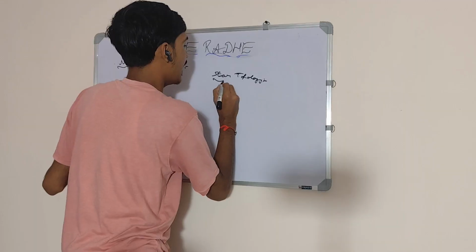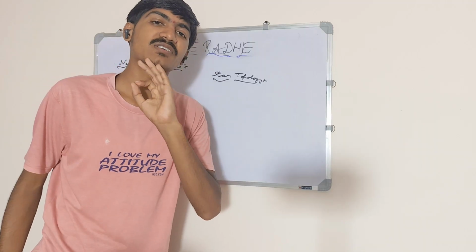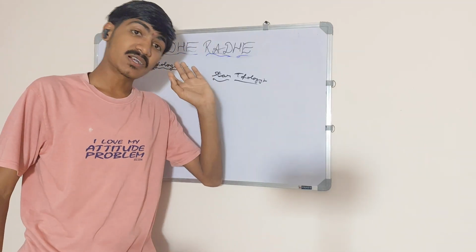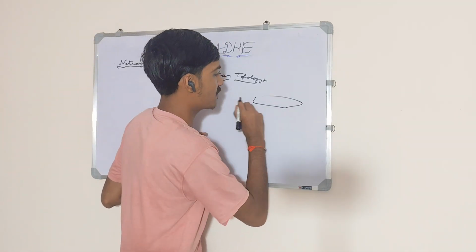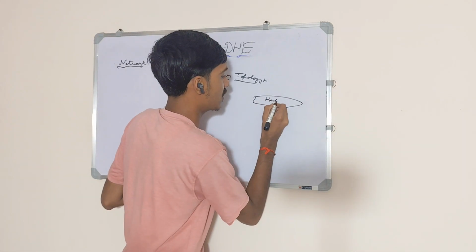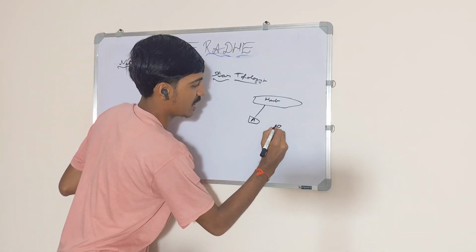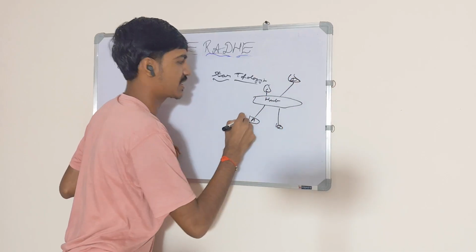That's it. As I said, in ring topology, addition of new devices was difficult. That was overcome by star. How? They have something called a hub. Hub here. We have device A connected, device B connected, device C connected, device D connected.